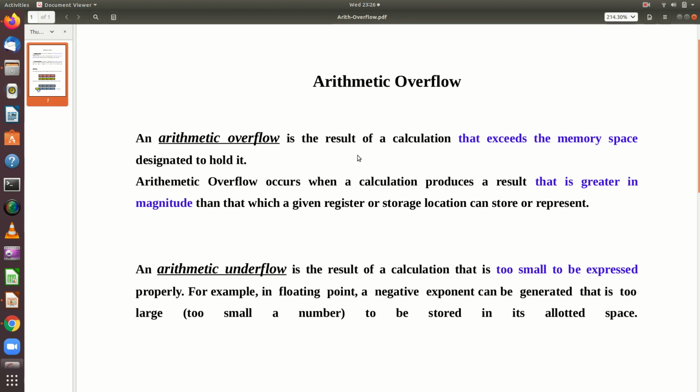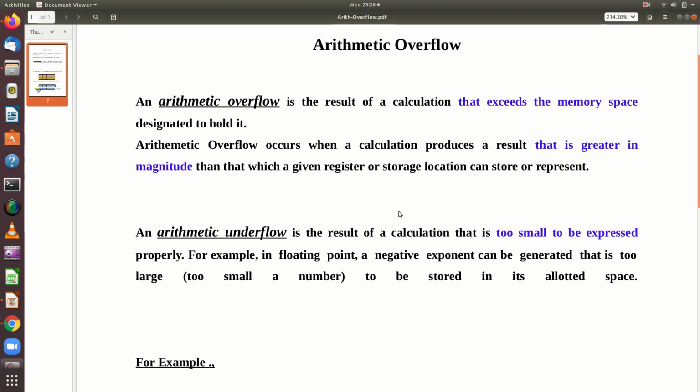Arithmetic overflow is the result of a calculation that exceeds the memory space designated to hold it. In other words, arithmetic overflow occurs when a calculation produces a result that is greater in magnitude than that which a given register or storage location can store or represent. This is a definition for arithmetic overflow.